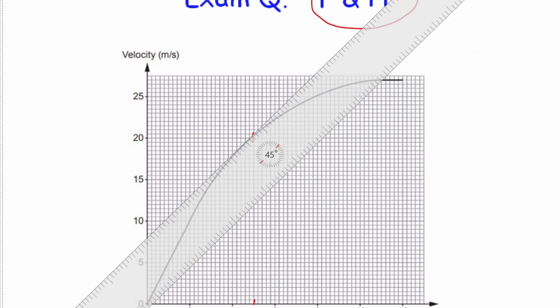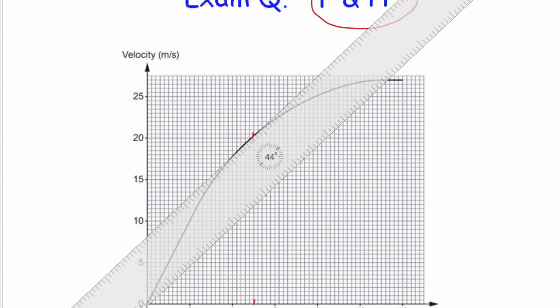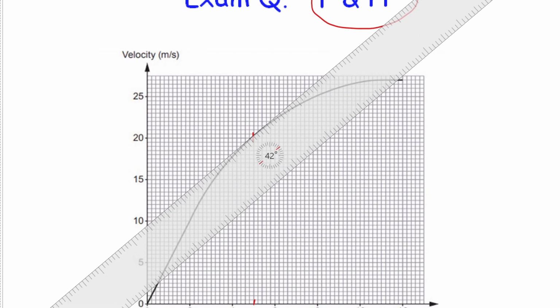A tangent, you'd have learned this if you've learned circle geometry in maths. A tangent is at that point there where you draw a straight line showing the gradient at that point.